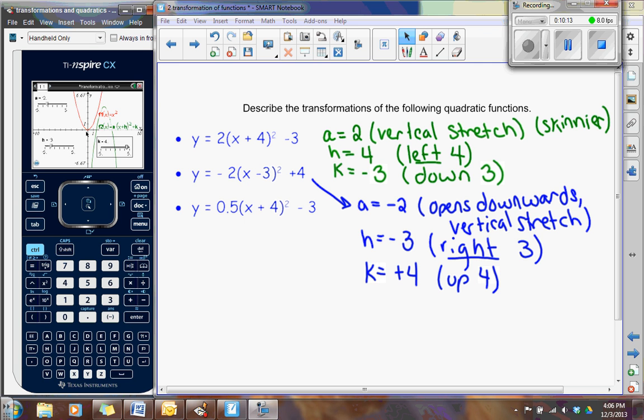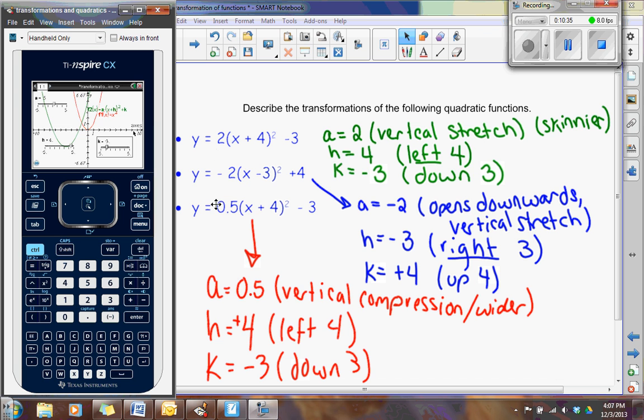You can see the vertex moved from 0, 0 here to an x value of 3, and k moved up 4. So k caused our vertex to move up 4, and the entire function shifted up 4.